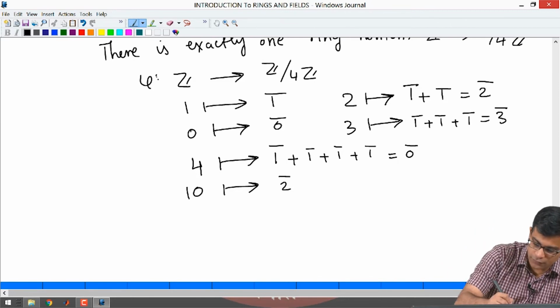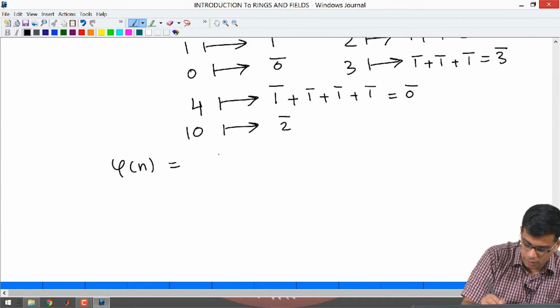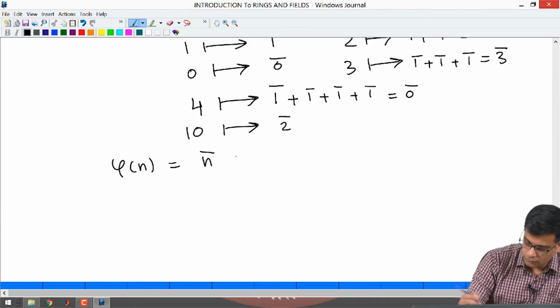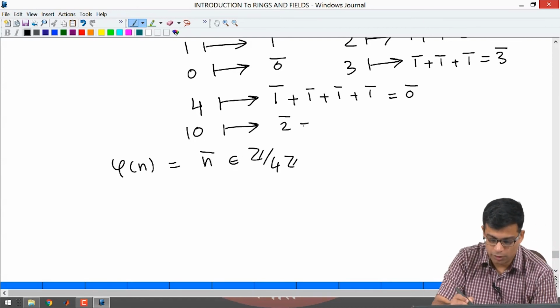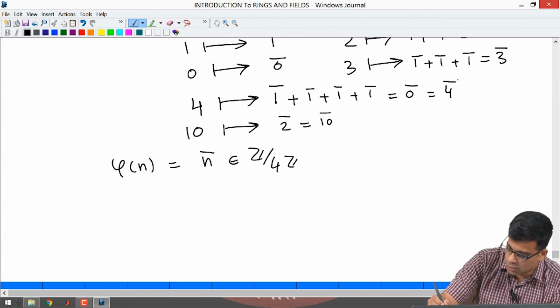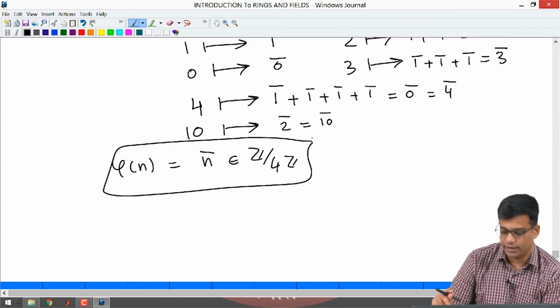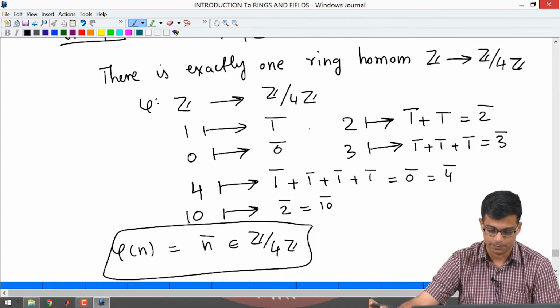So in other words, phi of n is actually just n bar in Z mod 4Z. Remember, 2 bar is the same as 10 bar, and 0 bar is the same as 4 bar. So this is the ring homomorphism, and again it confirms that there is no choice in defining it.